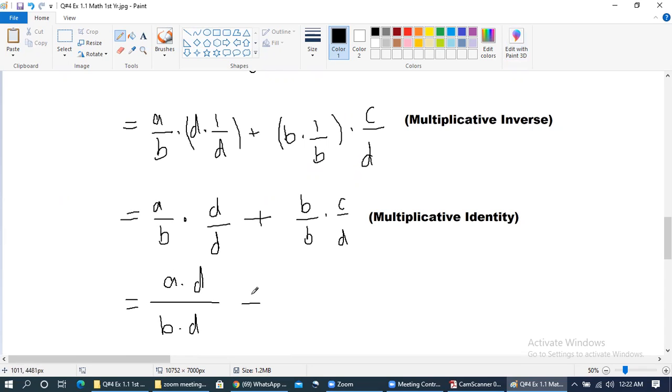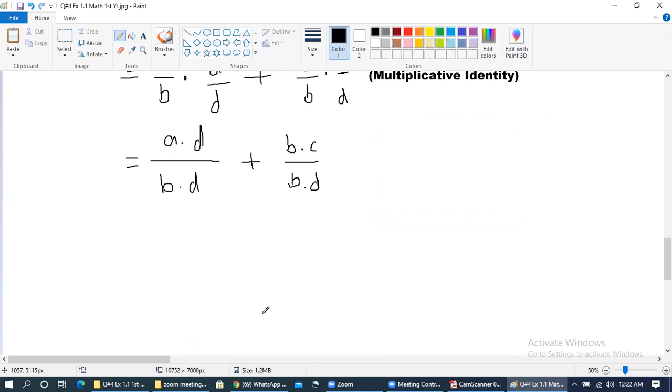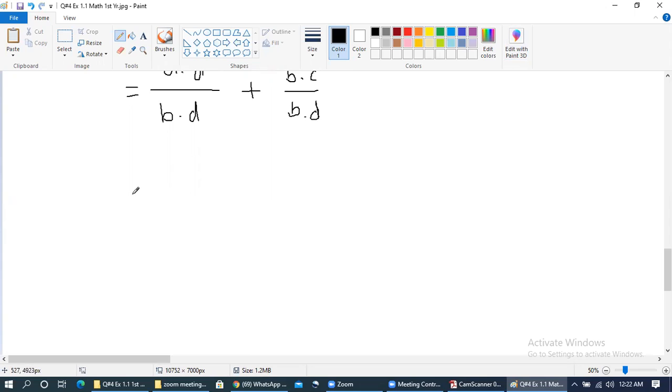For the next, we'll be doing the same procedure. These are the numerators, b dot c, which have been combined with each other, while b dot d have also been combined with each other. So this is b dot c divided by b dot d. This is a simple axiom.